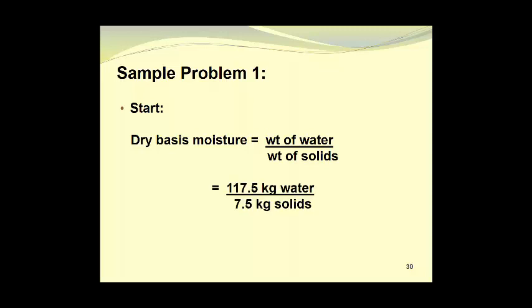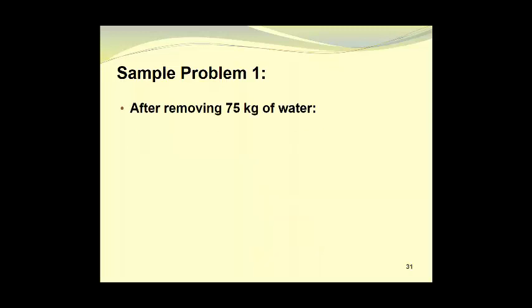In our case, it's 117.5 kilograms of water divided by 7.5 kilograms of solids, and that equates to 15.67 kilograms of water per kilogram of dry solids.